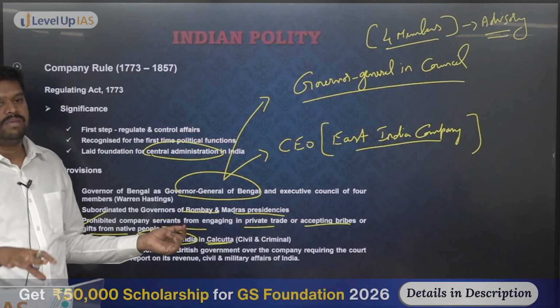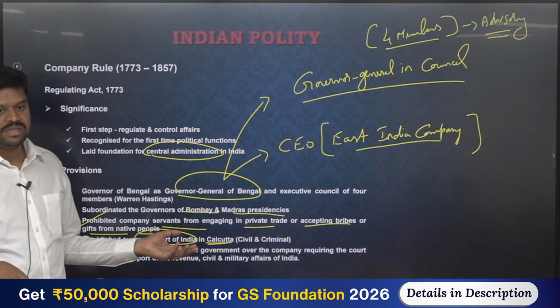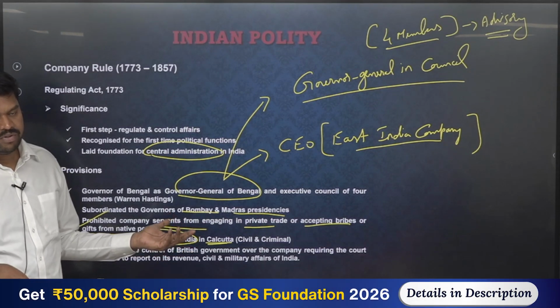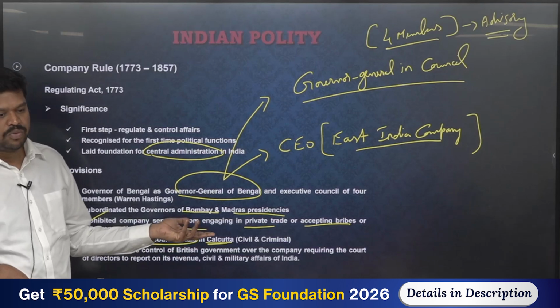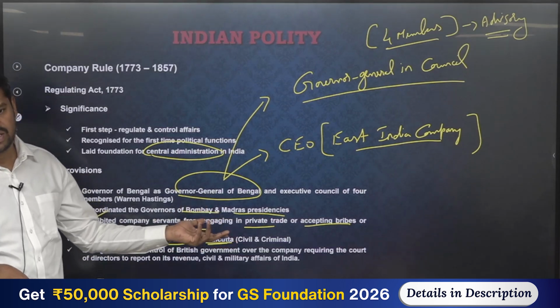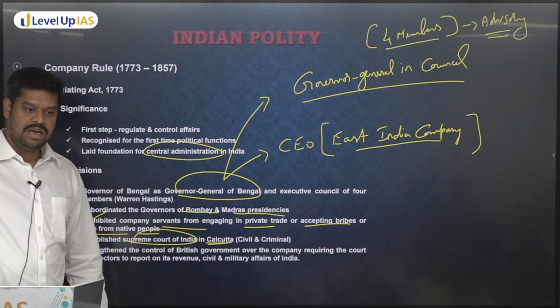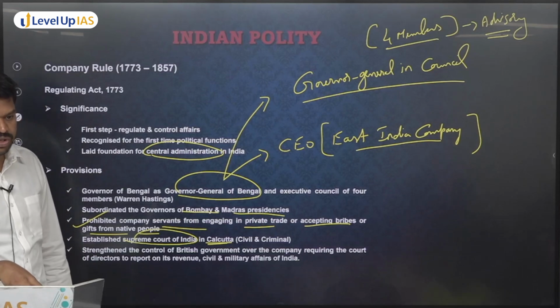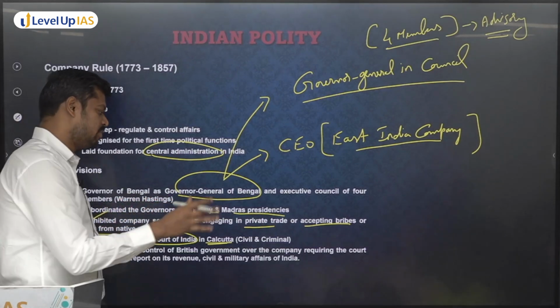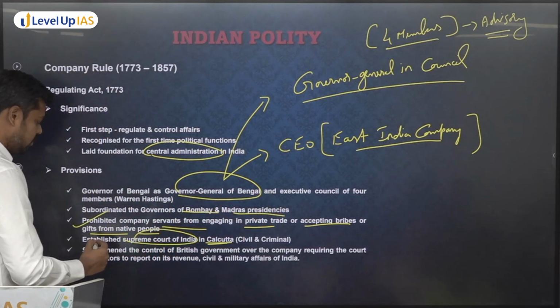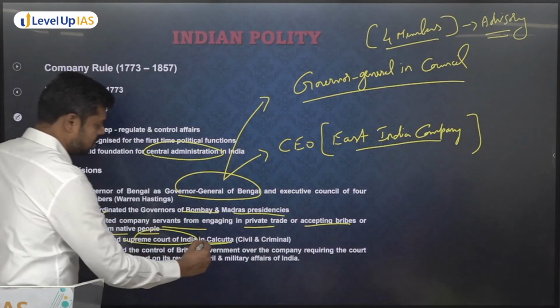One of the reasons this Act of Settlement was brought in is that they wanted to reduce a conflict between the Supreme Court, which was established by the Regulating Act of 1773, and the powers of the Governor General in Council. So it had created some conflict, but anyway, I'll talk about the conflict later. But the Supreme Court was established in Calcutta.